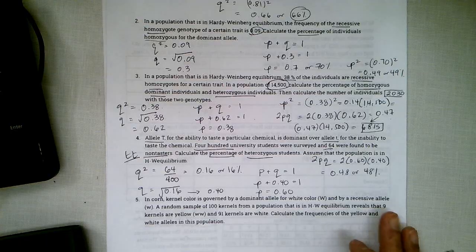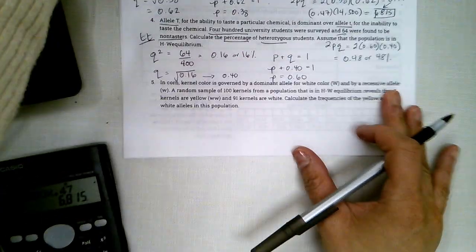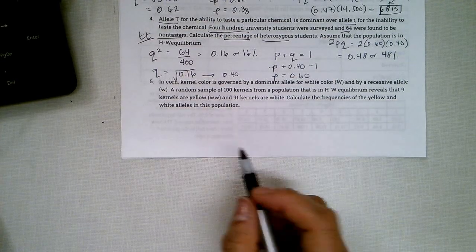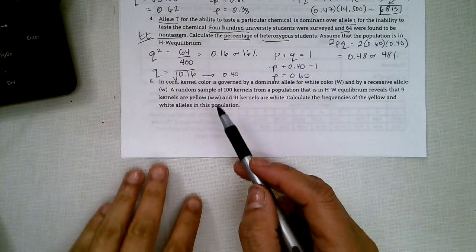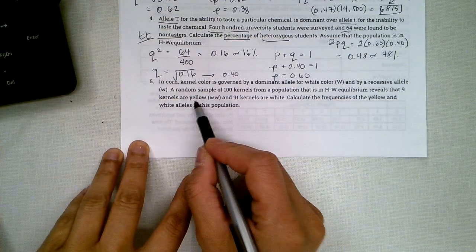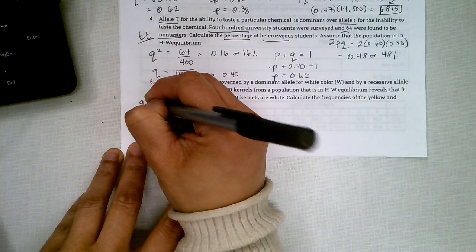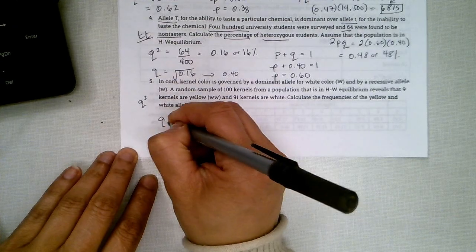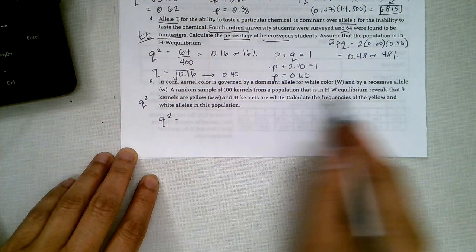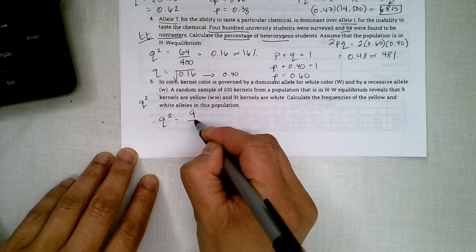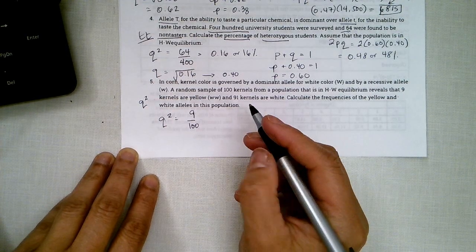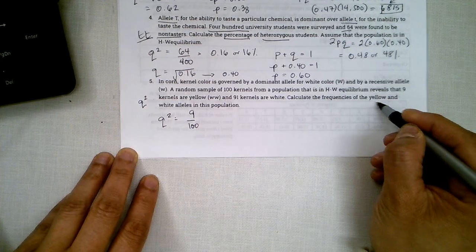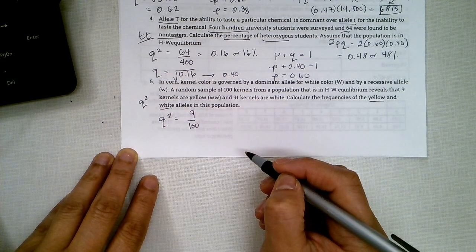Our next one, we have our kernels here. Out of 100%, 9 of them are homozygous recessive, so that's going to represent Q squared. So Q squared is 9 out of 100, and we're asking for the frequencies of yellow and white alleles.